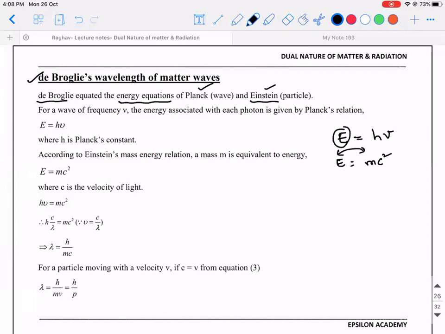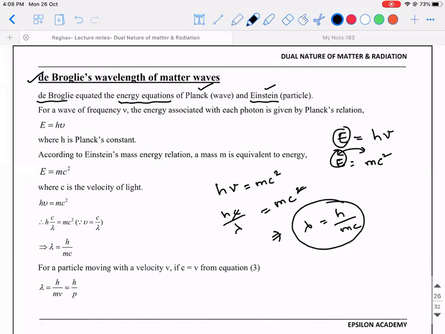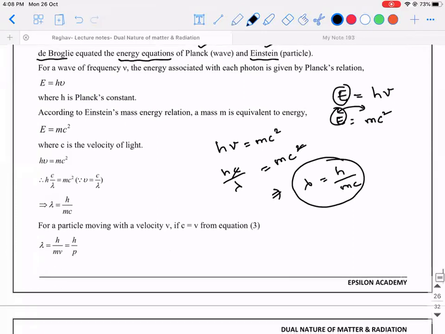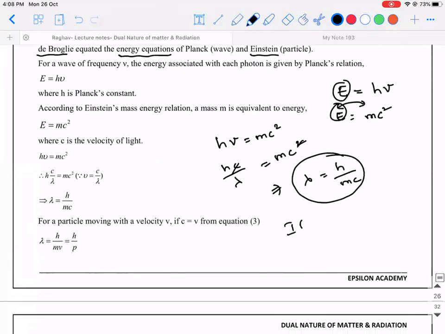When both are speaking about energy, can I write h nu is equal to mc square? Where nu is equal to c divided by lambda, so h c by lambda is equal to mc square. C and c will get cancelled. From this, lambda will be equal to h divided by mc. Now, if the particle is moving with speed v, then c can be replaced with v.